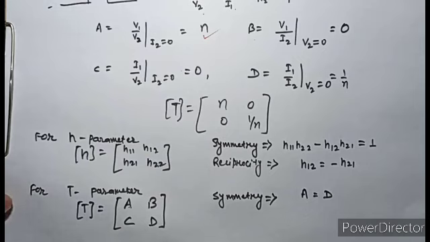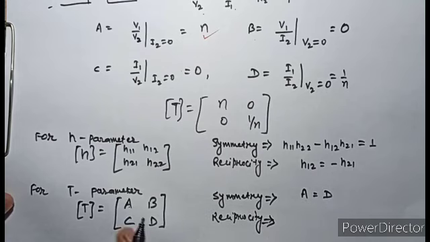Means the network having T parameter like this A, B, C and D, for this network to be symmetric, the A parameter should be equal to D parameter, or A is equal to D.